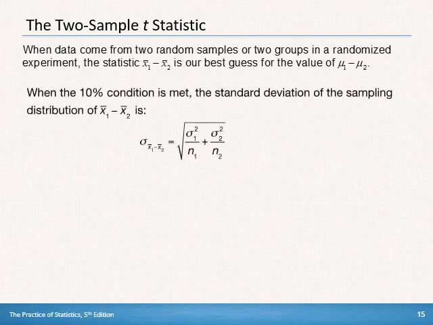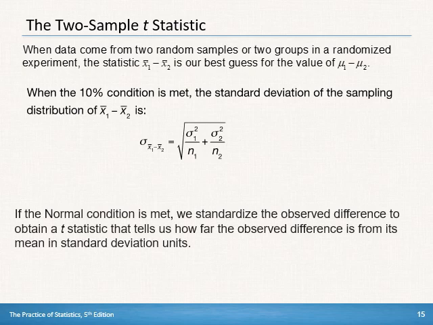If the 10% condition holds, we know the sampling distribution of the difference in the X bars is going to be this formula. However, we're going to see in the next slide that we're not really going to know sigma sub 1 or sigma sub 2. We don't know the standard deviations of the two different populations, and so we are going to have to use our S's, the standard deviations of the samples, as a substitute.